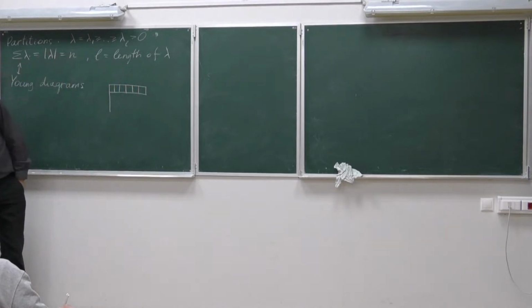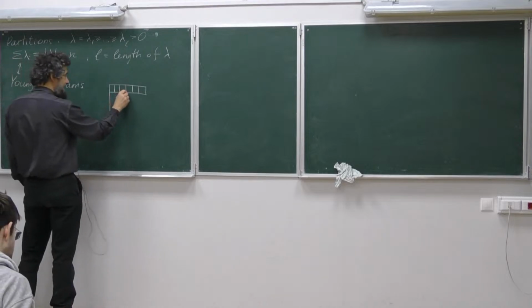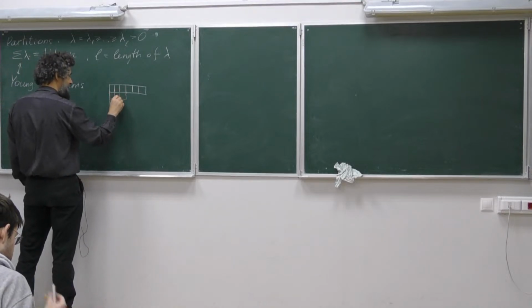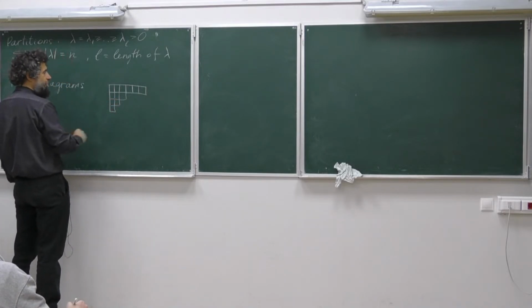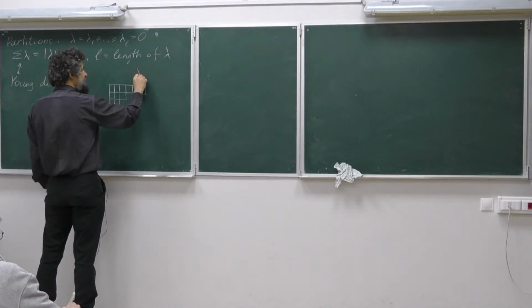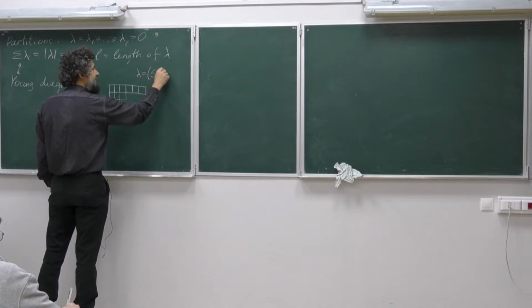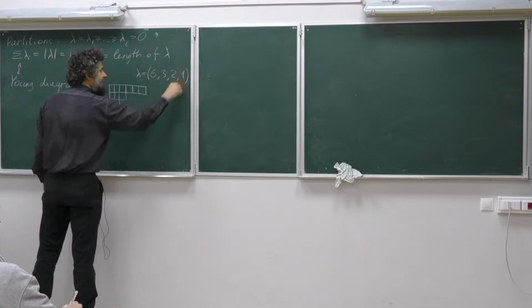So we'll draw it like this. And this corresponds to lambda equals 6, 3, 2, 1.